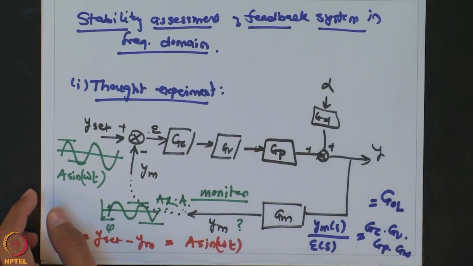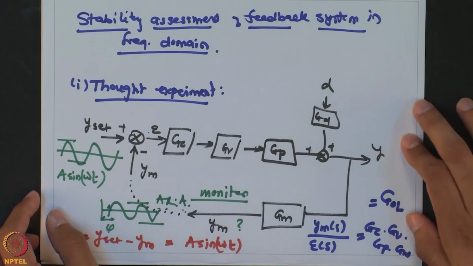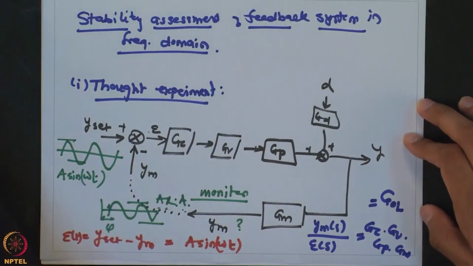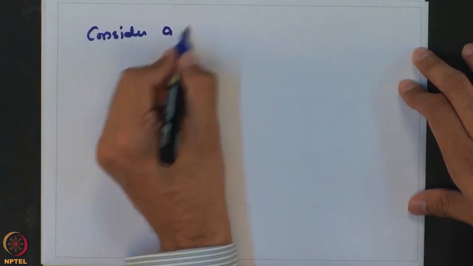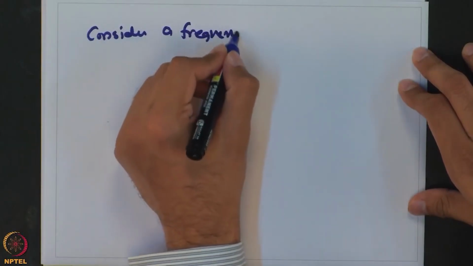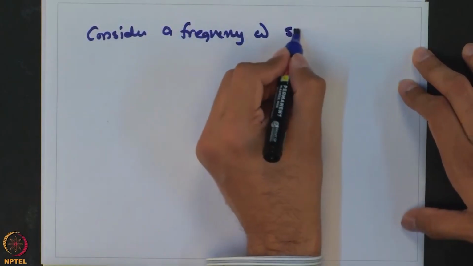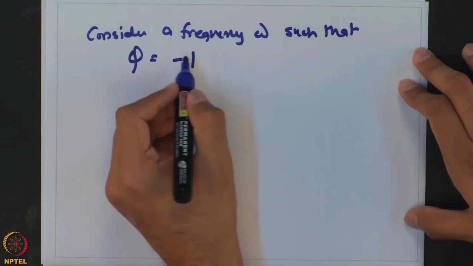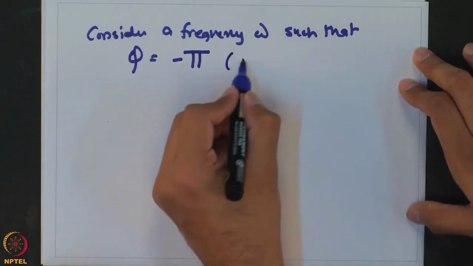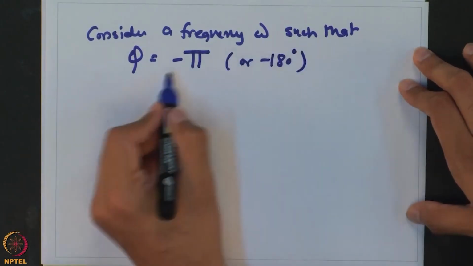So, in this particular system, let us consider a frequency omega such that the corresponding phase is minus pi or minus 180 degrees.